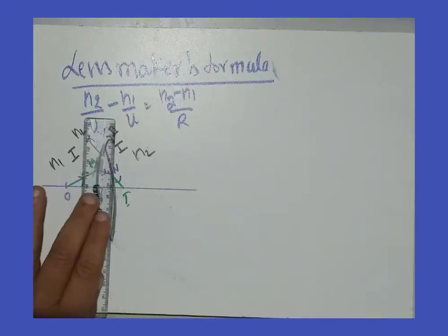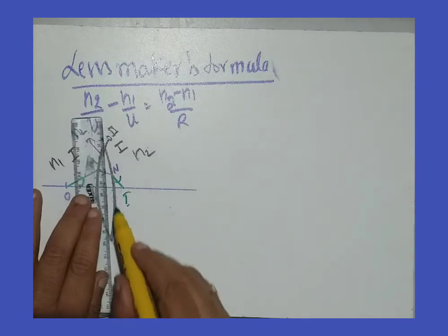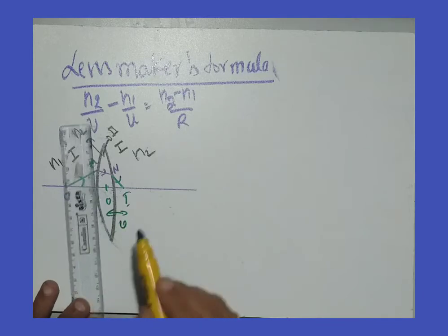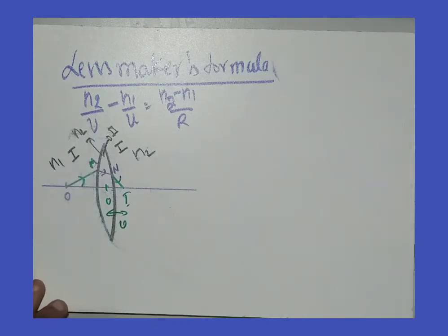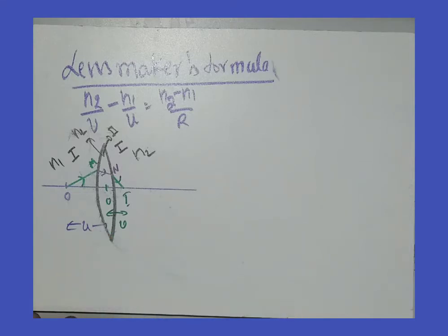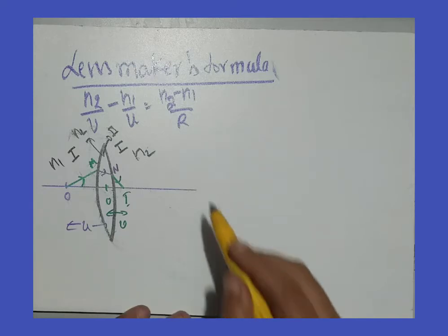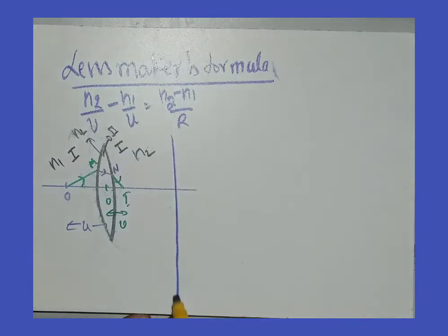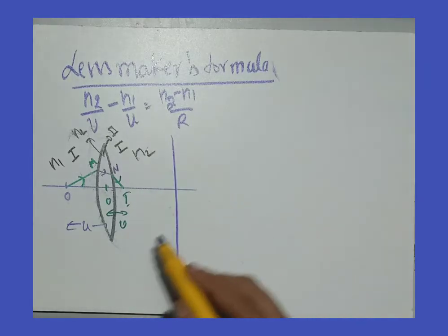Now we mark the distances. If this is optic center, this is v and this is u, the object distance. With this figure, we start deriving the formula for lens, that is lens maker's formula.